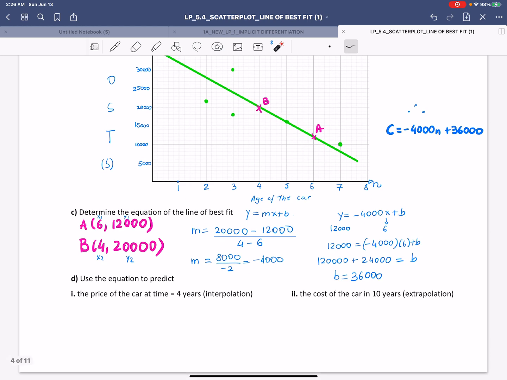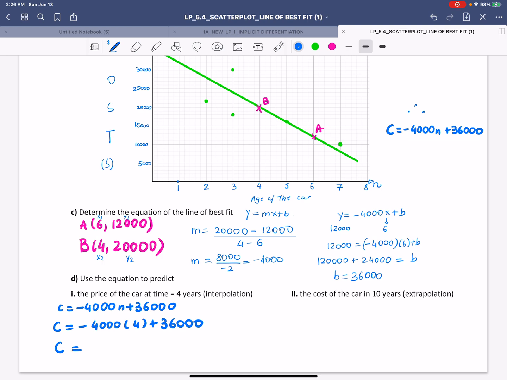Now we have to use the equation to predict the price of the car at 4 years. So if cost equals negative 4,000 n plus 36,000, now in 4 years, that would be negative 4,000 times 4 plus 36,000.